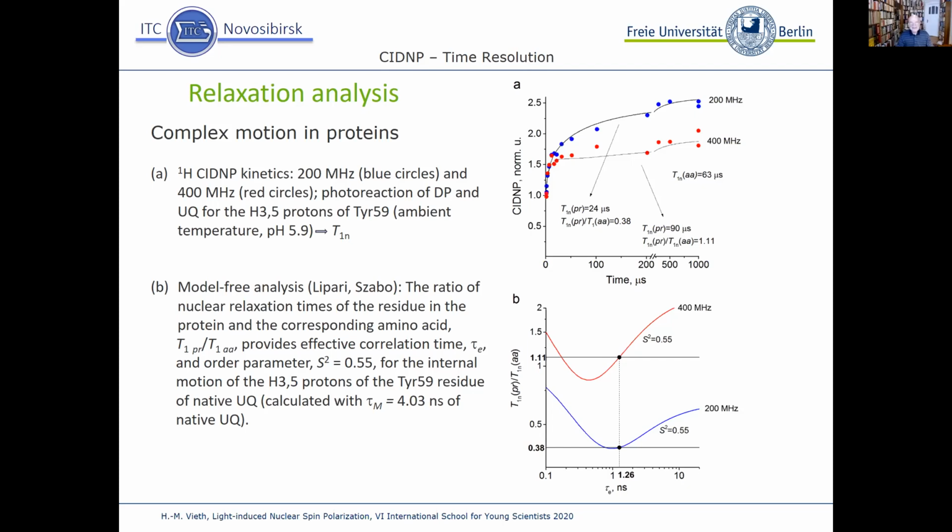You have here some side group tyrosine in ubiquinone, and you want to see on what time scale the tyrosine is moving on the backbone.